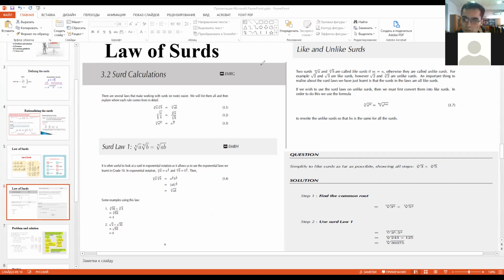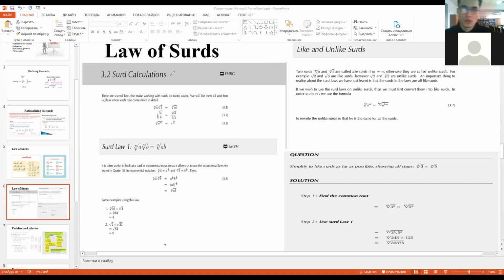However, surd 2 and 3 degree surd 2 are unlike surds. An important thing to realize about the surd laws we have just learned is that the surds in the laws are all like surds. If you wish to use the surd laws on unlike surds, then we must first convert them into like surds.